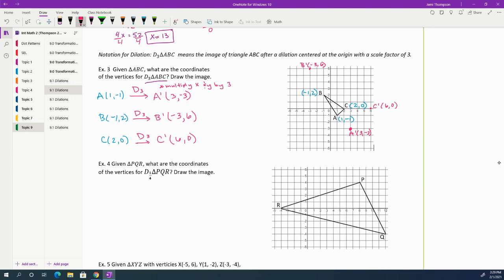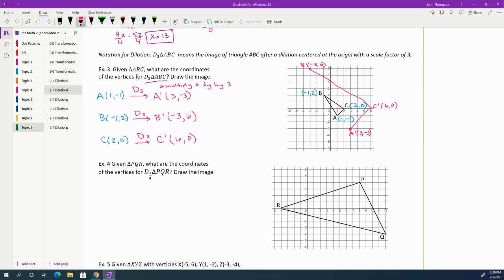Now this may not turn out really clear, but now you want to draw the triangle. So I need to connect A prime, B prime, and C prime. I'm going to do the best I can on this device. Nope, let's try again. All right, the shorter ones will be easier.